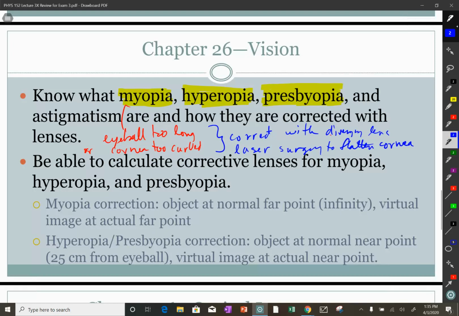Hyperopia is just the opposite. The eyeball is too short or the cornea is too flat. And so you correct that with a converging lens or a laser surgery that actually makes the cornea more curved.